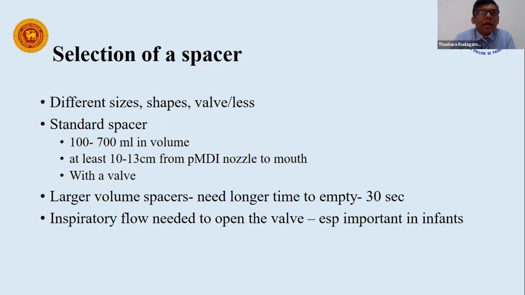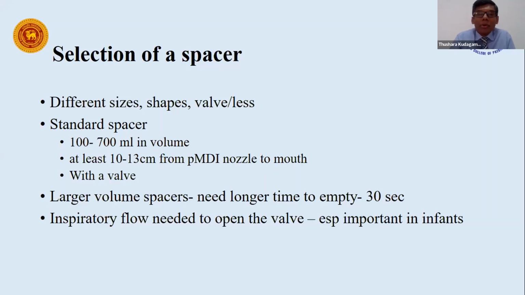Otherwise, again, there are different sizes and shapes, and some have valves and some are without valves. Now, a standard spacer should have a valve. Several years ago, when spacer devices were not much available, we used to make a spacer using drinking bottles.